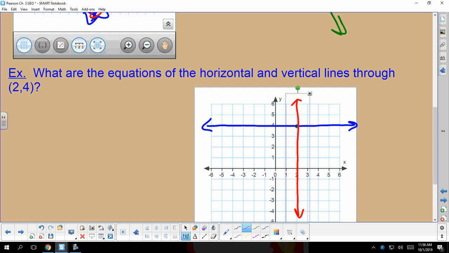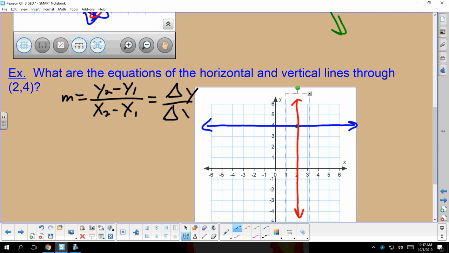So first, I think it's important to have a discussion about slope. Let's remember our equation for slope. We have y's on top of their own x's, or we also said the change in y over the change in x.